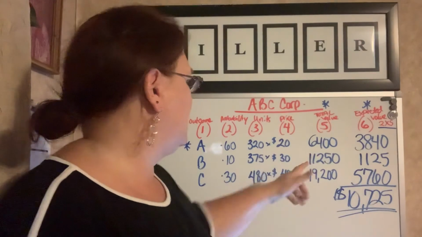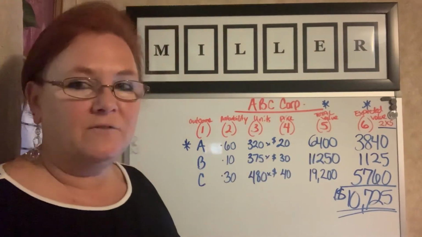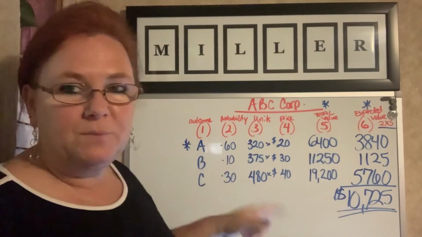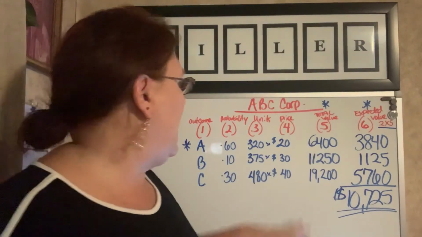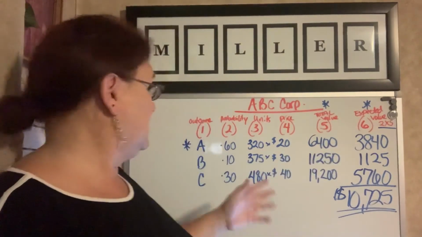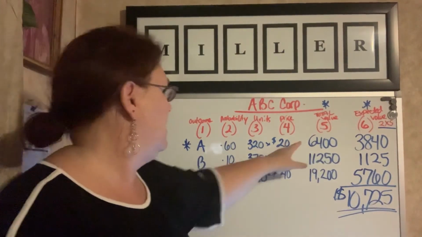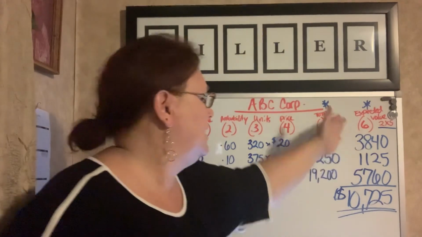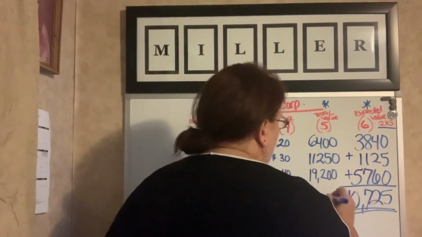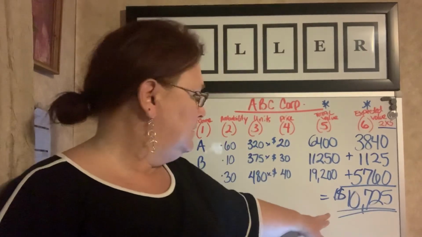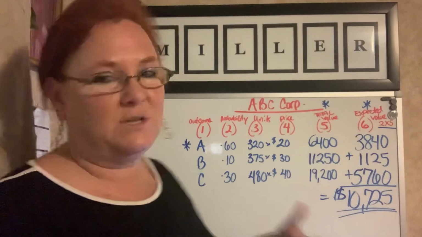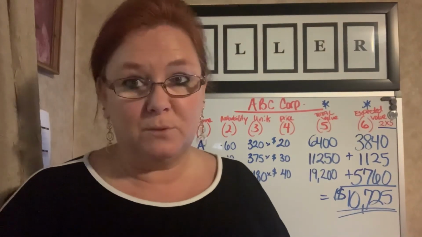Then finally, to get our sales projection number for our expected value, we're multiplying the probability number by the total value, which is basically just saying 60% of that number is this. And then we're adding those. So this is an add equals 10,725. And that is how you do your sales projections for multiple projections.